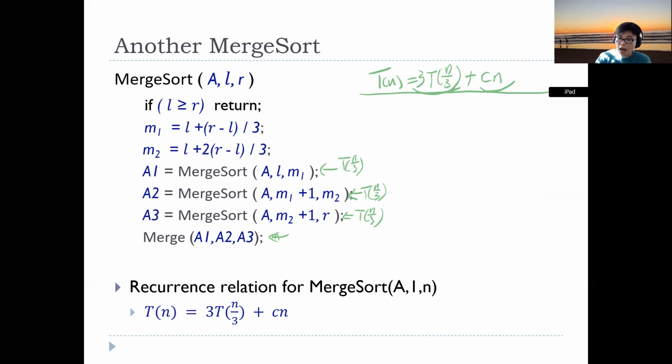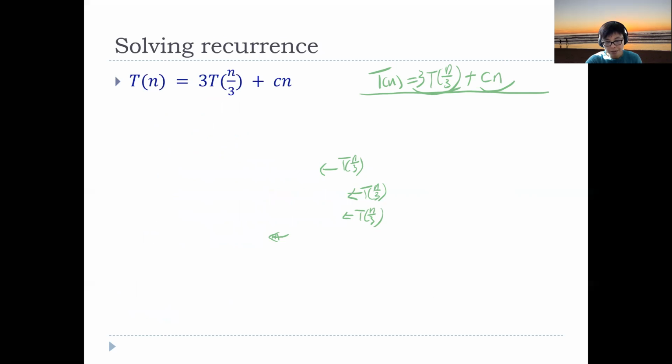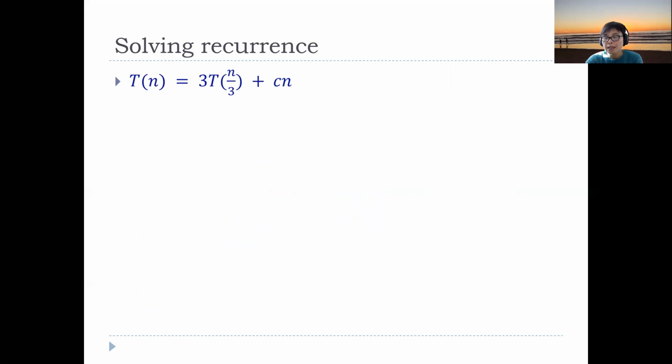Now how do we solve this recurrence? It turns out that if you do the unrolling, you see something very similar to before.